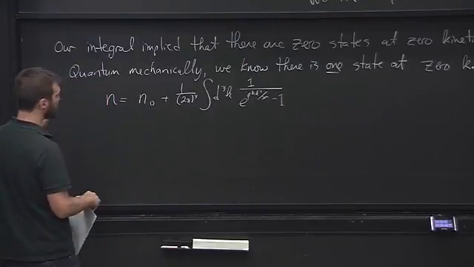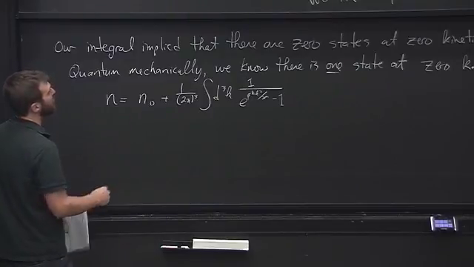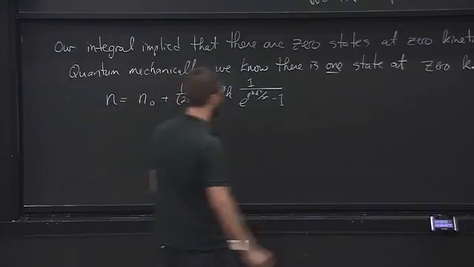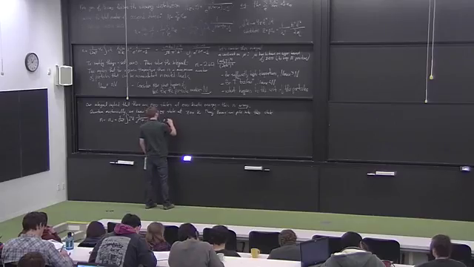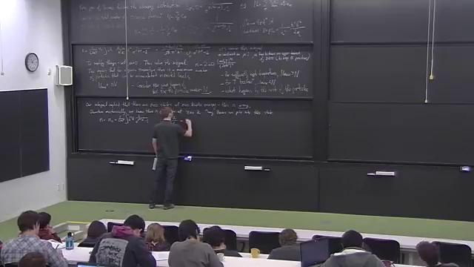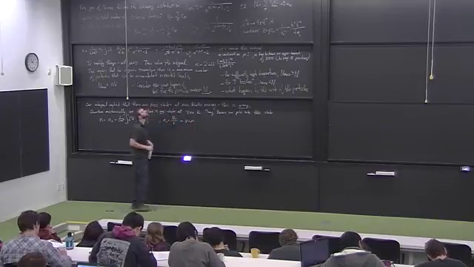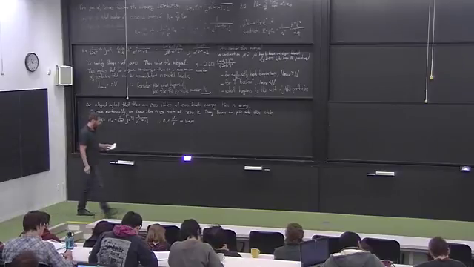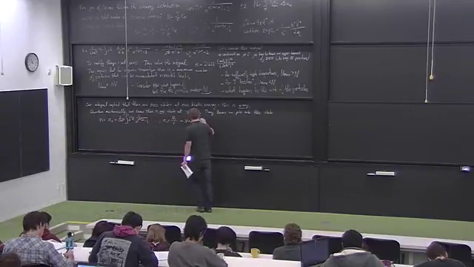And that's just, again, the limit of when your volume goes to infinity, it's just like big N. I'll write it. It's big N naught over V. Okay, that's the number of particles in your ground state.